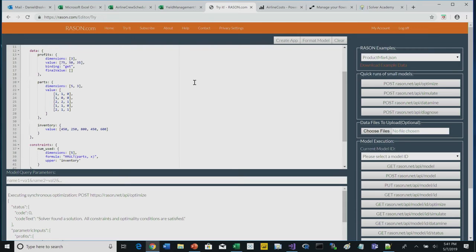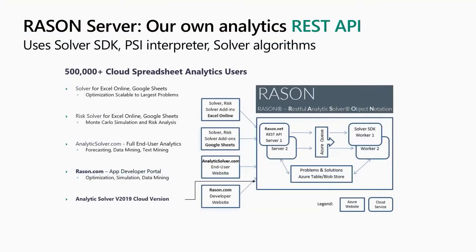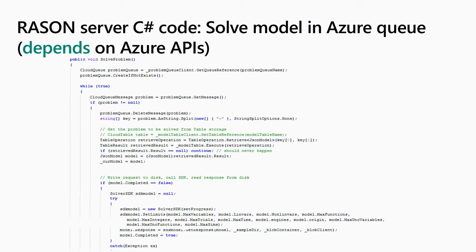And this has allowed us to support 550,000 cloud spreadsheet analytics users for both optimization and simulation. So here's a little bit of code from within the Raceon server. This is really from one of the back-end workers. So this is in C#, and it's using Azure APIs.